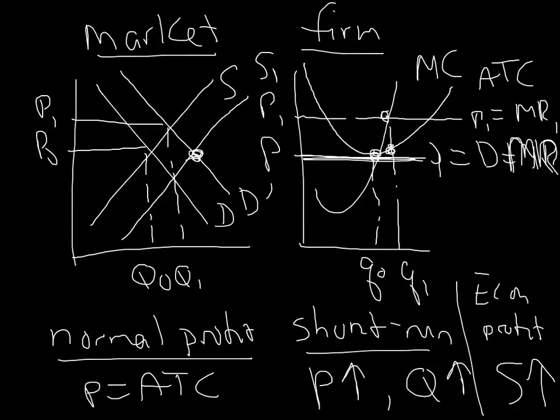So as we can see, our quantity continues to increase. The whole way through, we have an increase in quantity, but the price initially went up in the market from P0 to P1, but it's going to come down back to P0.